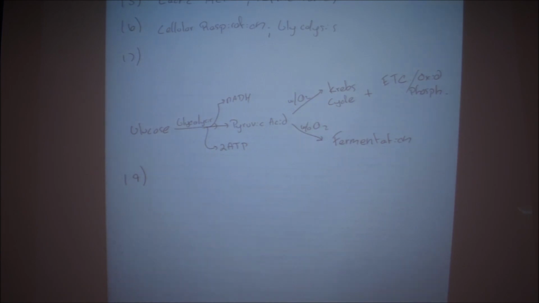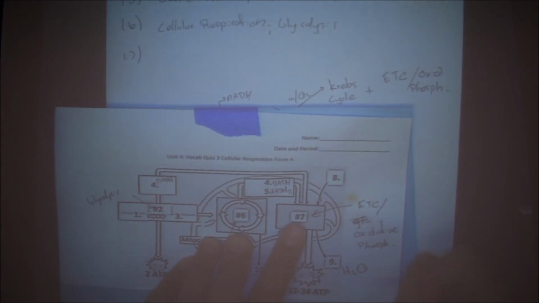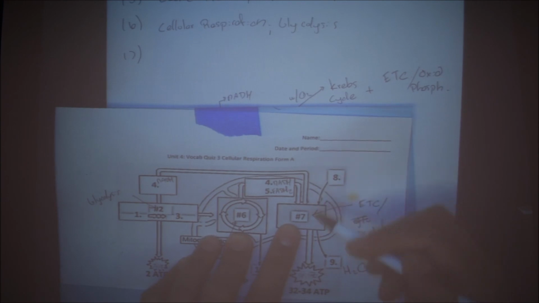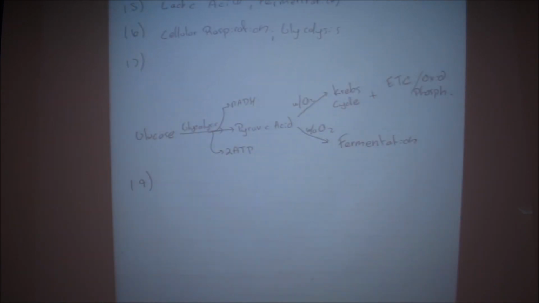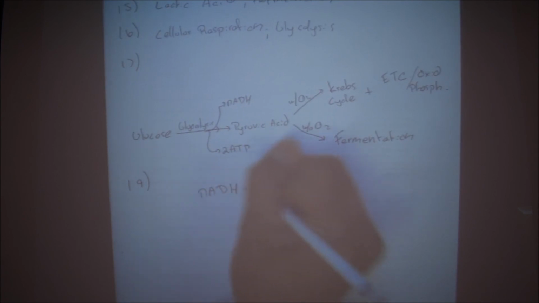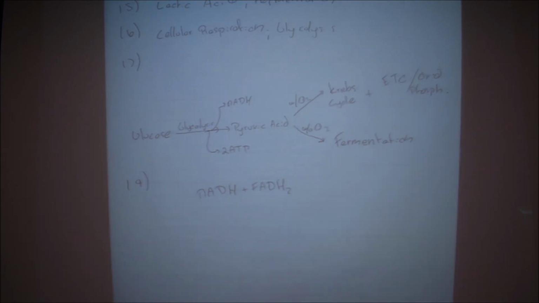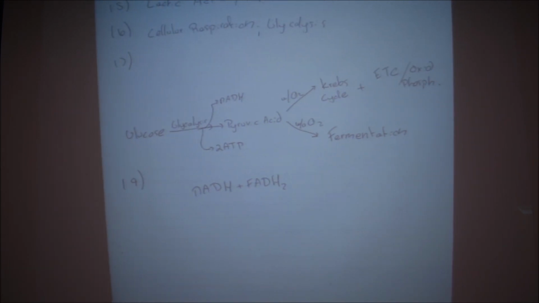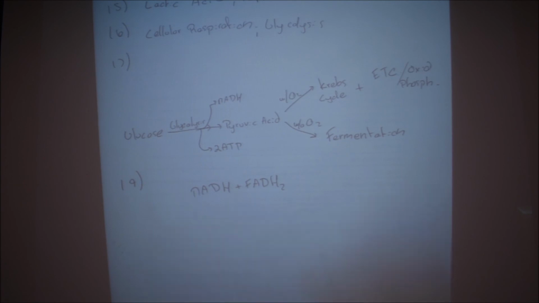So when we look at this picture right here, and we look at 7, going into 7 we have NADH and FADH2, and we also have more NADH coming in. Those items are coming in, and they're powering the electron transport chain and oxidative phosphorylation. What they're literally doing is donating their electrons so that along this chain you have things that can run along and pump H plus out, and then ATP synthase is going to harness that.